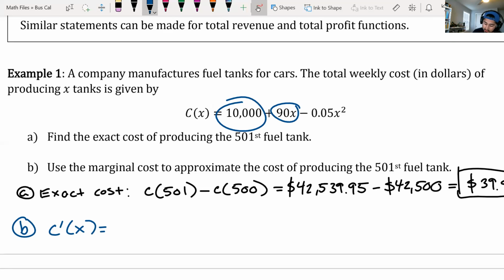Well, the derivative of x is 1, which means we would be left with 90. There you go. 90 minus, and now what is the derivative of negative 0.05x squared?